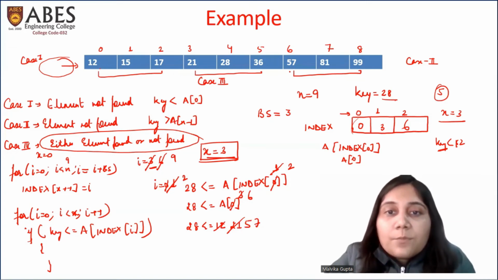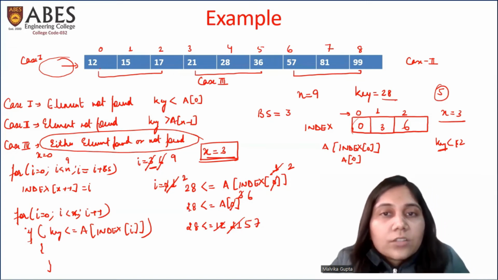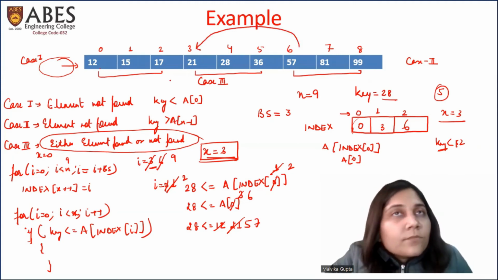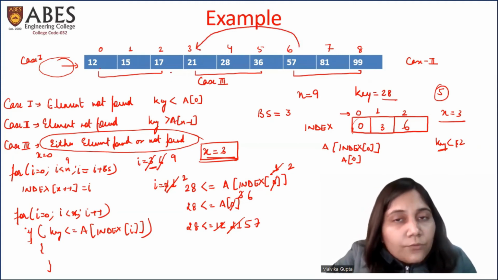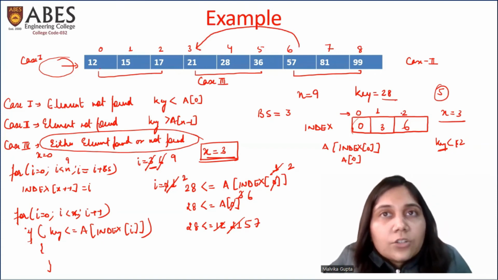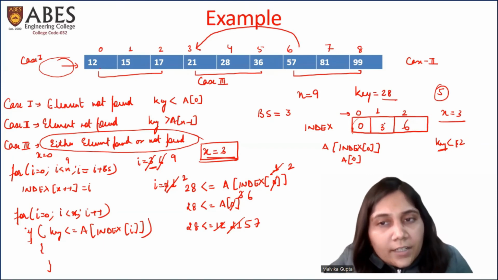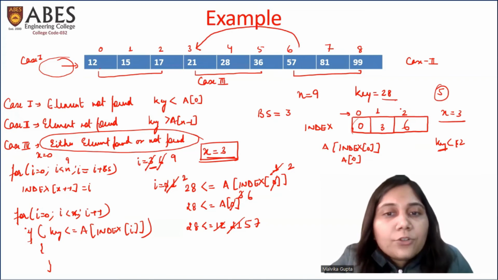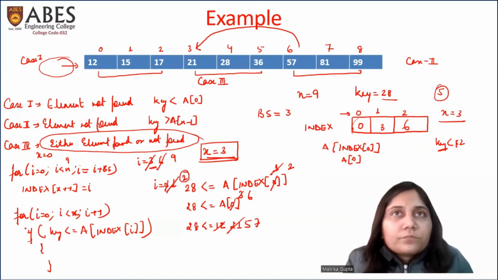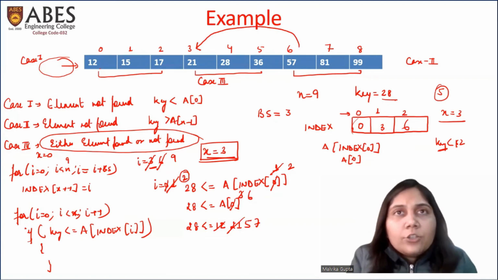It means it is not possible for me to find this particular element in this block. So we will be moving to this index. How am I going to move from this particular index to this index? Because the sixth index was stored at second position and the third index was stored at first position, I simply have to decrement my I value by 1.